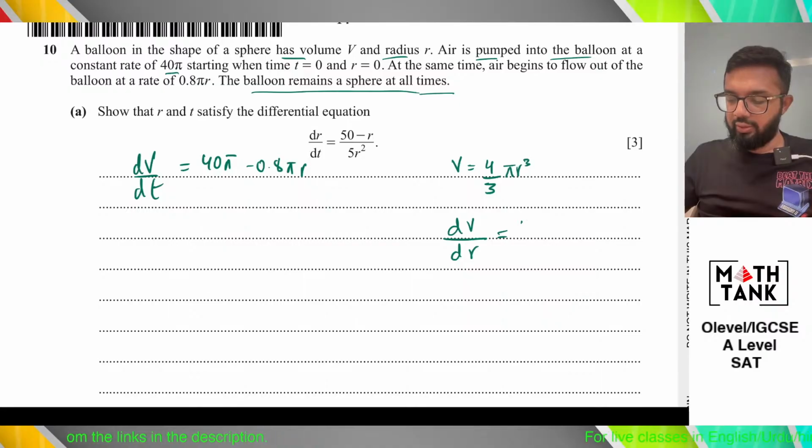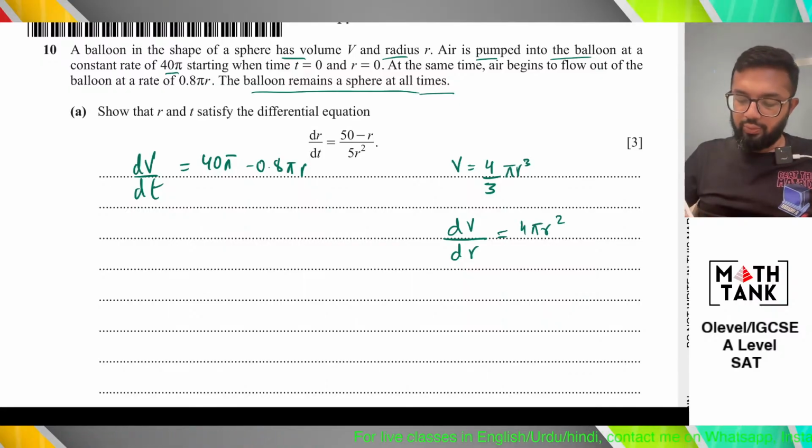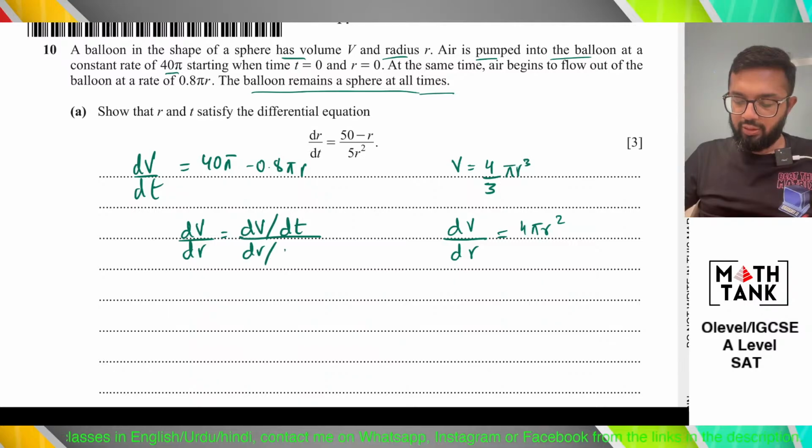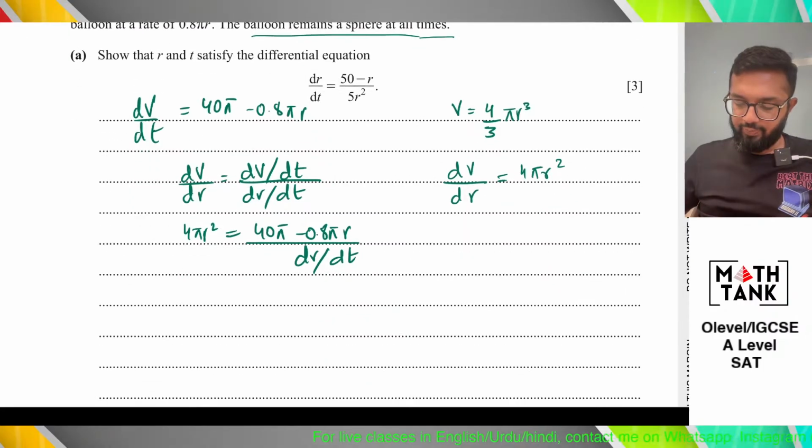You differentiate that to find dV over dr, and then you convert dV over dr into a rate of change. So dV over dt divided by dV over dr gives dr over dt. So 40 pi minus 0.8 pi r over 4 pi r squared, and that's dr over dt here.